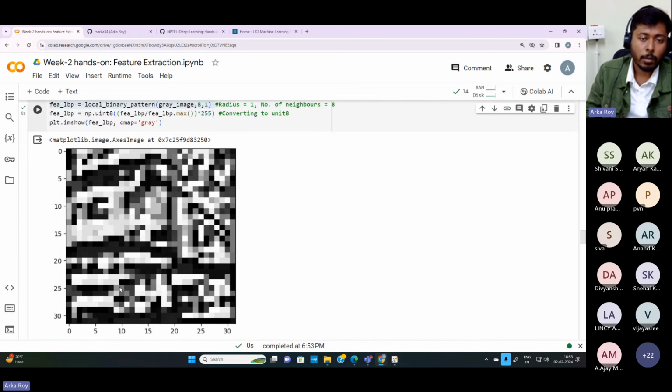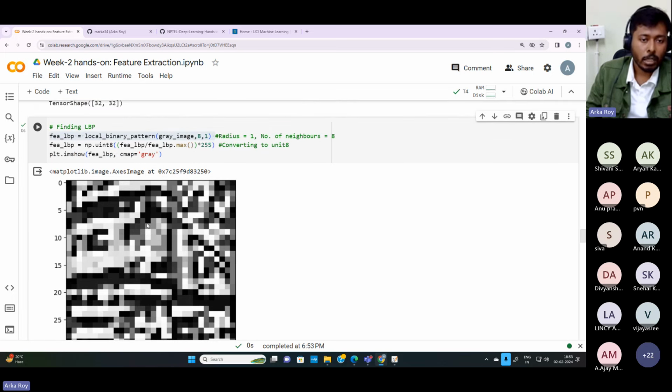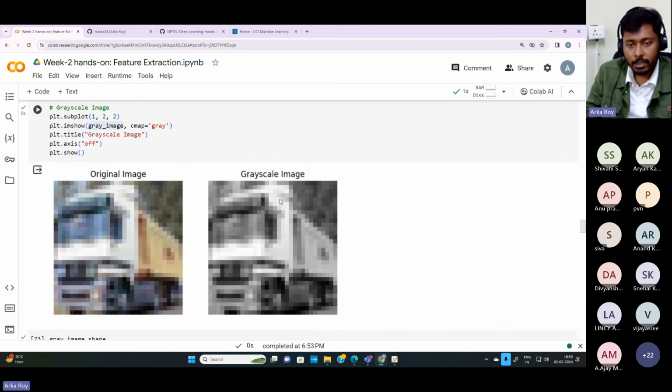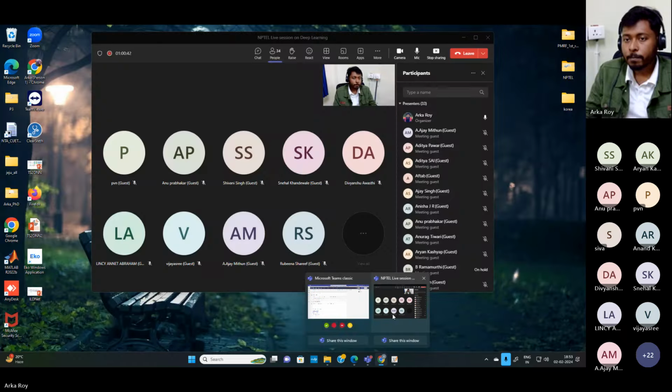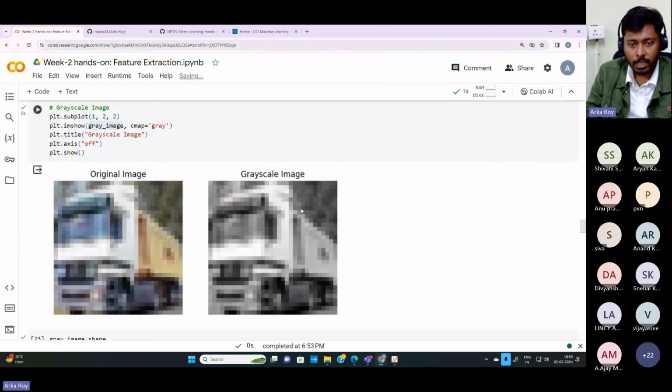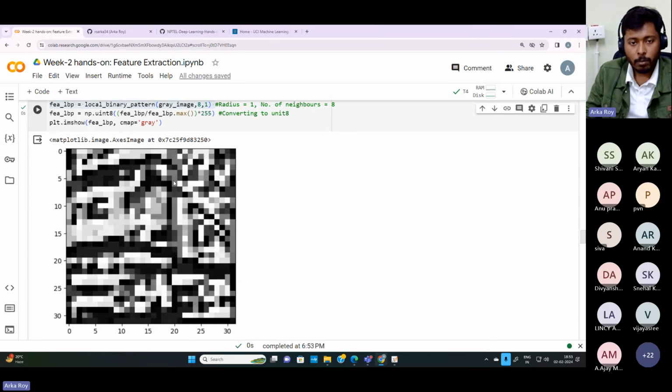This is the local binary pattern information that you have extracted from this particular image. You can see there is an edge over here. You can see there is an edge in the track, and you can see similar information over here. So there is an edgy effect in this particular feature, the local binary pattern.